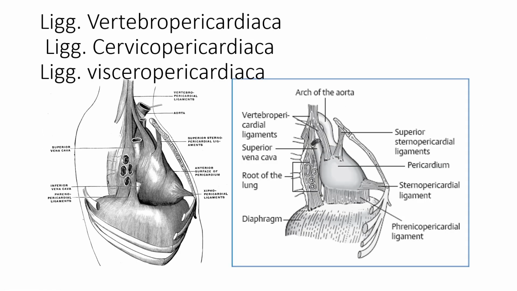Then we have three ligaments: ligamentum vertebropericardiacum, ligamentum cervicopericardiacum, and ligamentum visceropericardiacum. Where do we have them? Here's the ligamentum vertebropericardiacum, also on this picture we see it.